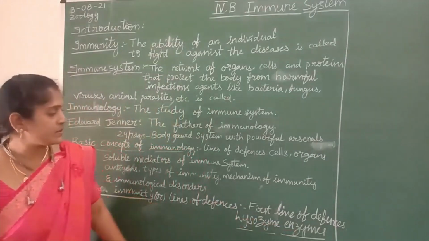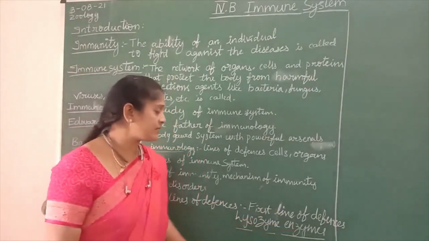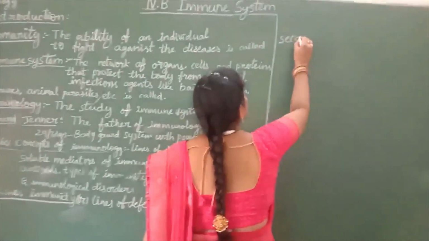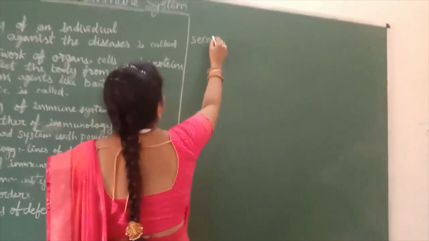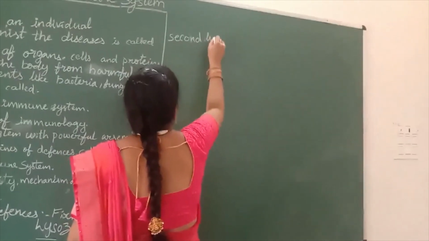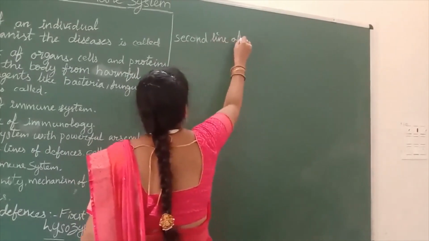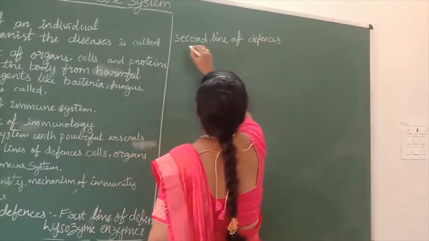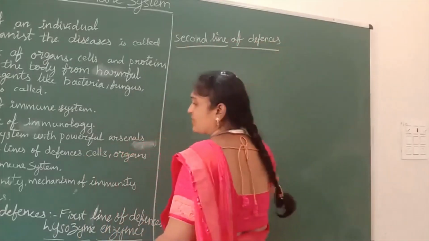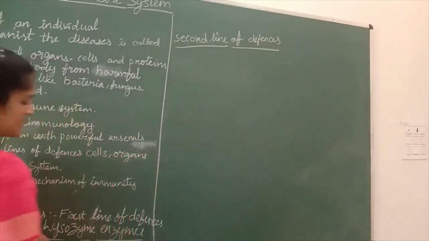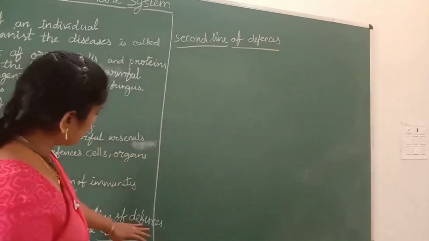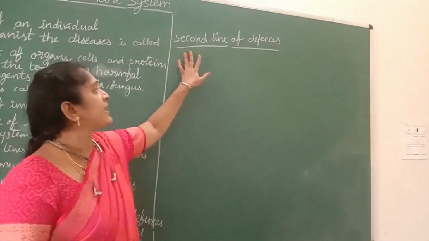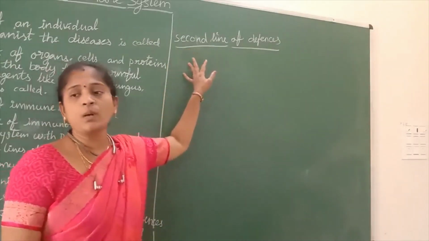So next one is the second line of defense. When the first line of defense fails, the second line of defense fights against the microorganisms.